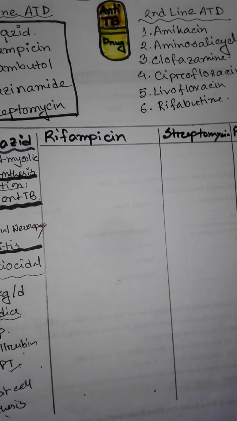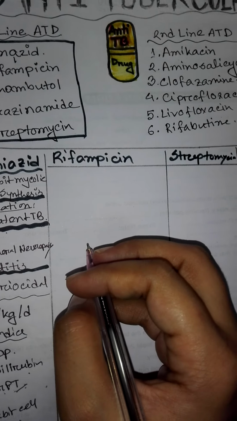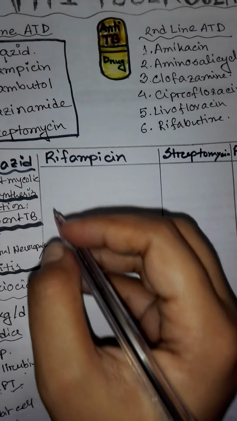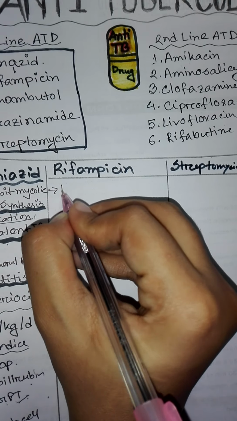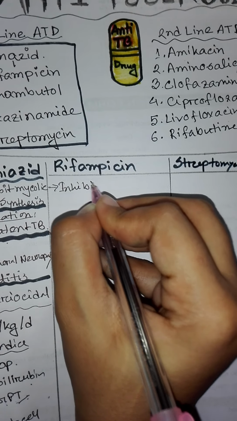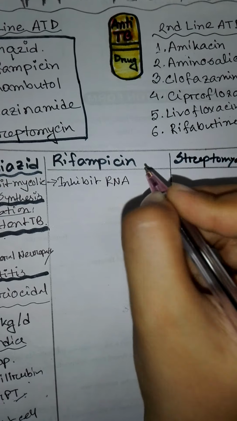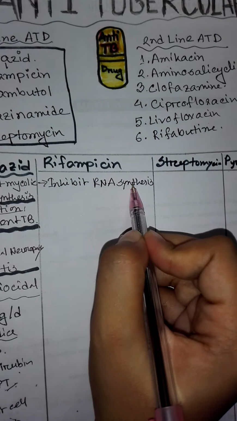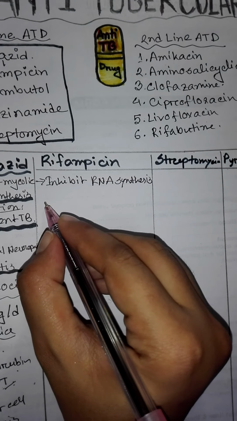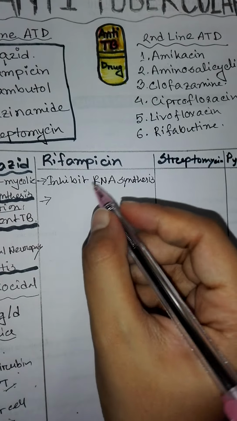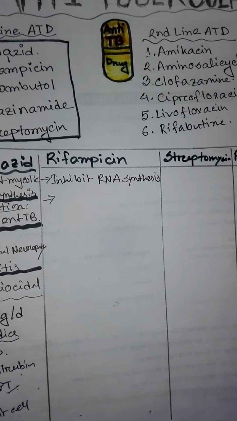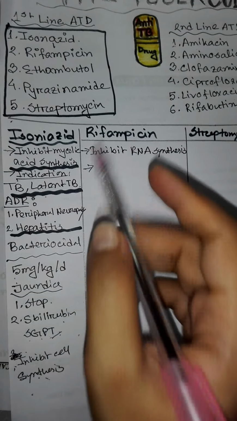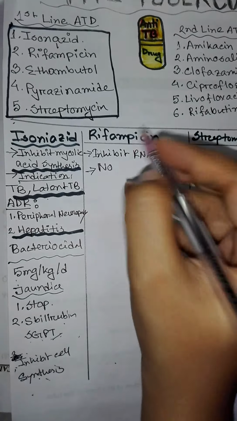Now we discuss rifampicin. Rifampicin binds with bacterial DNA dependent RNA polymerase enzyme and inhibits RNA synthesis. So if it inhibits RNA synthesis, bacteria will not grow. This results in no growth and no multiplication.